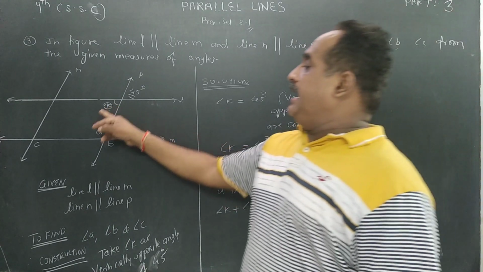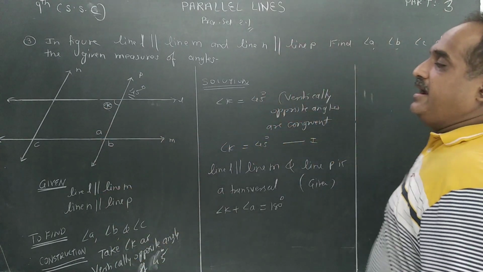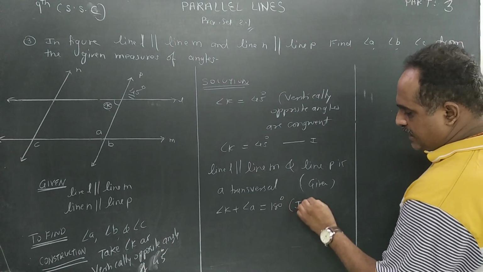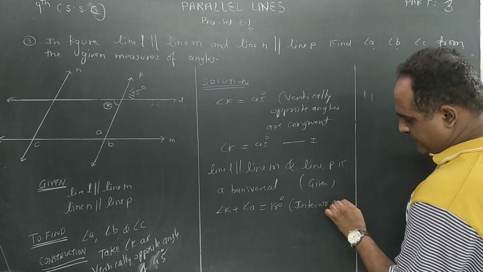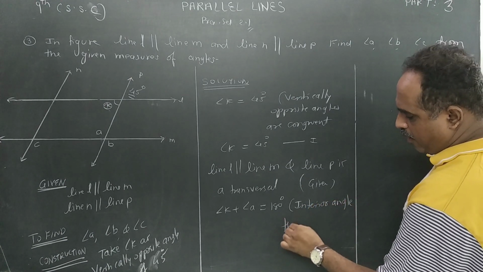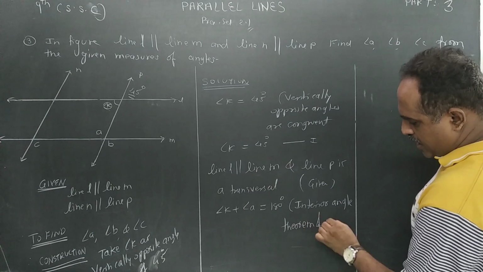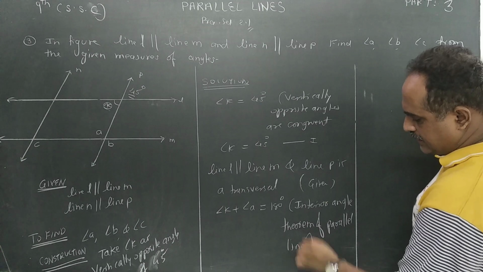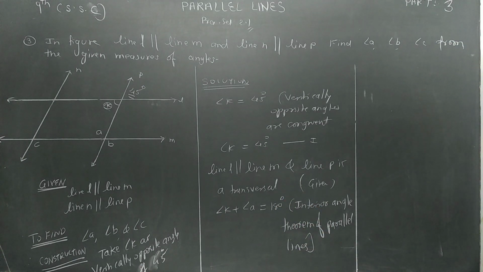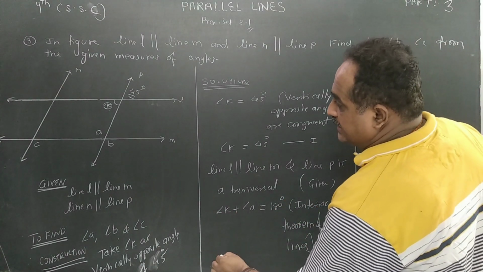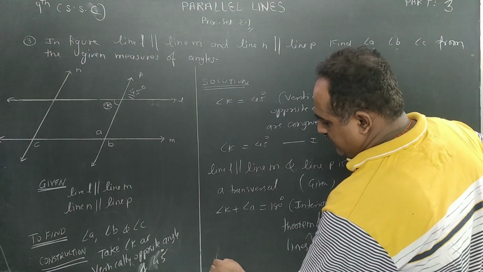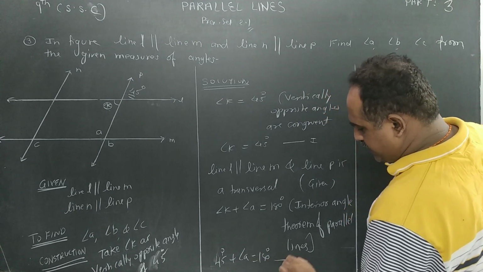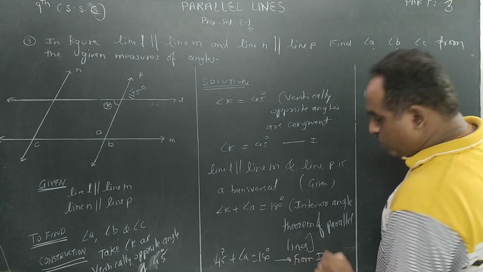Why are we taking angle K and A? What is the reason behind it? You are going to write: interior angle theorem of parallel lines. And we know angle K is 45 degrees, so 45 degrees plus angle A is equal to 180 degrees, from equation 1.